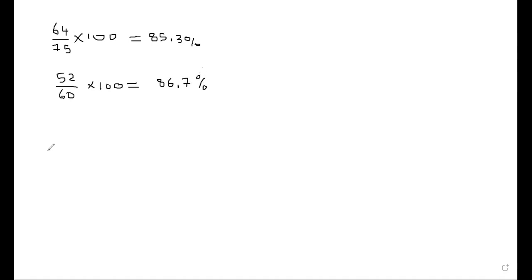And for assignment 3, she got 36 over 45. Convert that into a percentage, we'll get 80%. And just like that, we are done. It's obvious who performed best: assignment 2. This is the highest that she scored.